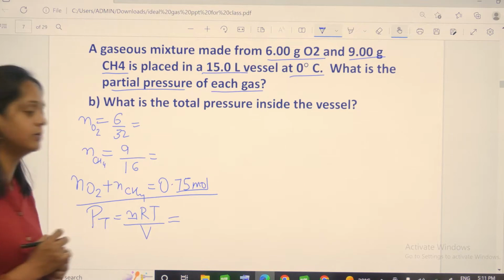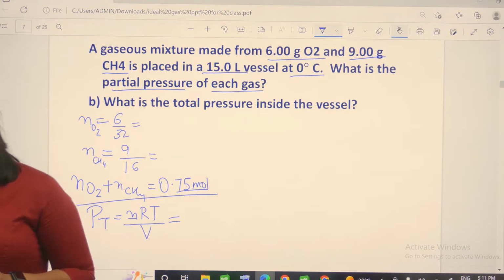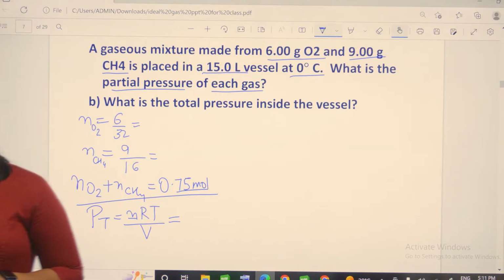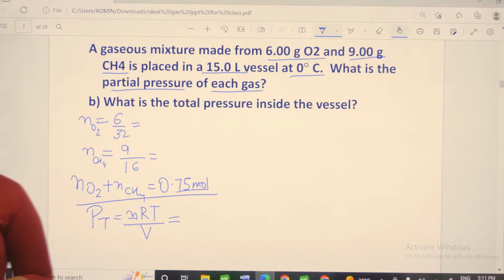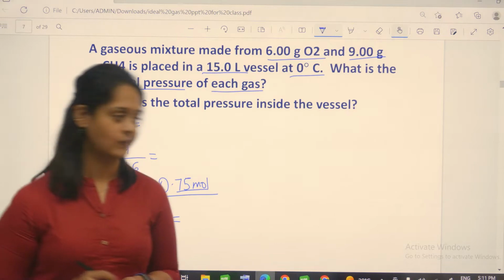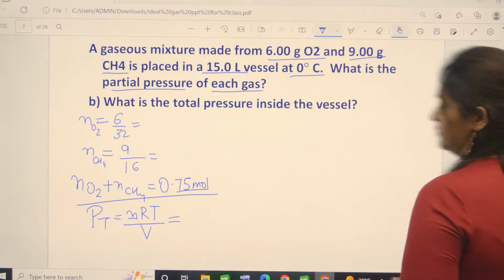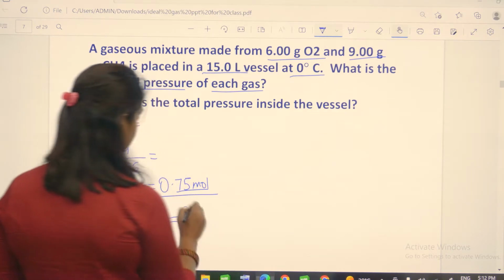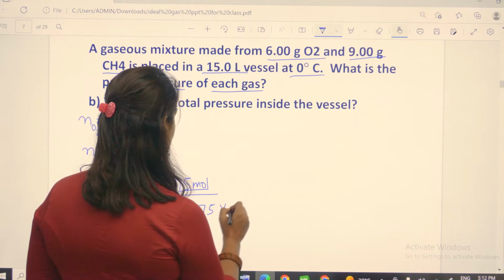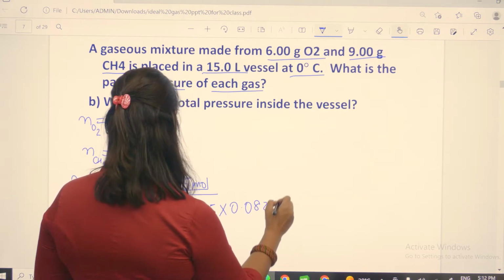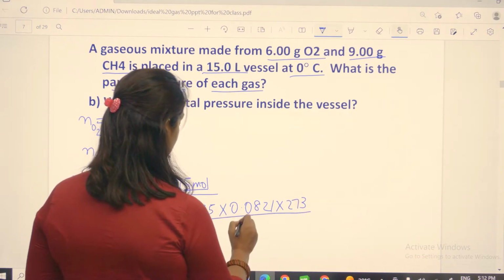What does PT come out to be? मैम 0.05. नहीं, wrong है. क्या क्या वैल्यू पुट करी? n किया 0.75 into R किया 0.0821 into 273 upon 50.